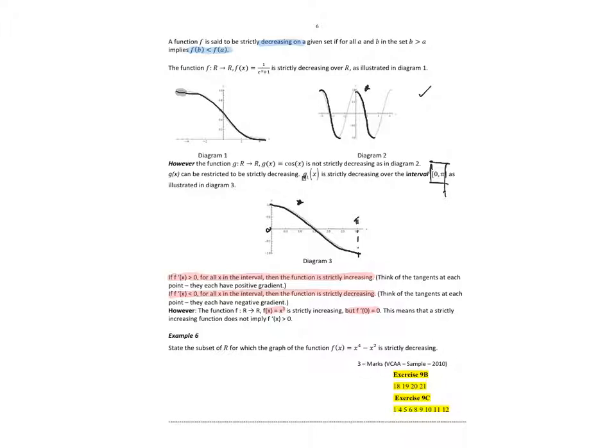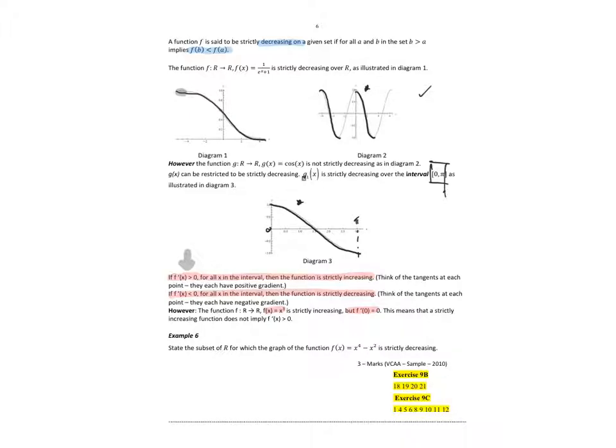So even though the derivative, the gradient, can be 0, it can still be an increasing function or a decreasing function. All this statement is saying is, if the gradient is positive, it is definitely a strictly increasing function. But just because it is strictly increasing, it doesn't mean the gradient is positive. That's all that's really saying.